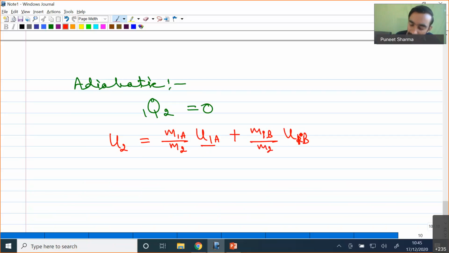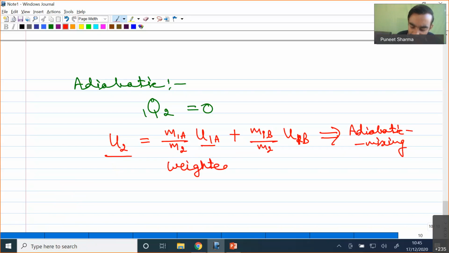So this process is nothing but our adiabatic mixing. If we are having adiabatic mixing where work done is equal to 0, our final thermodynamic state of the mixture will be equal to the weighted mass average of the initial properties.